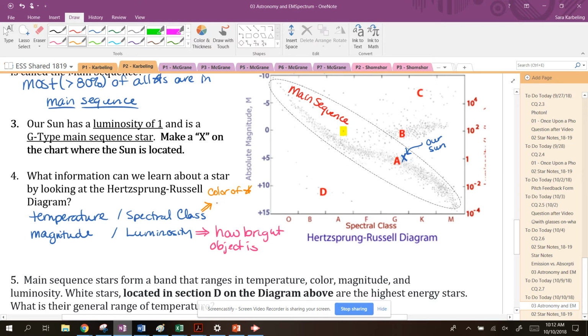And we're trying to figure out how hot it is. Okay. So we're taking the temperatures of the stars. We're trying to figure out how bright they are, and those two pieces of information give us everything on this graph.